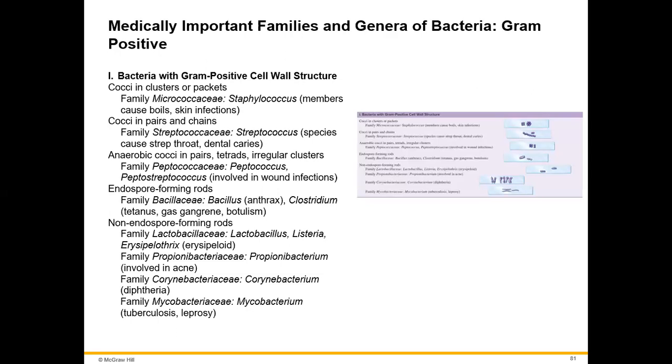Medically important families and genera of bacteria. I'm not going to go through all of these. You can look at these yourself. I don't believe the test requires you to know specific bacteria.